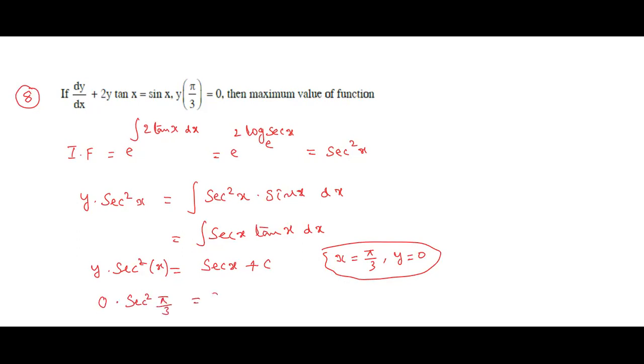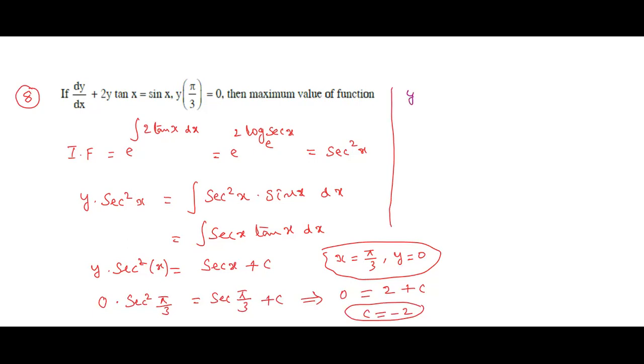This is equal to secant pi by 3 plus c. Now here we get 0 is equal to secant pi by 3 plus c. What is c value finally? Minus 2.